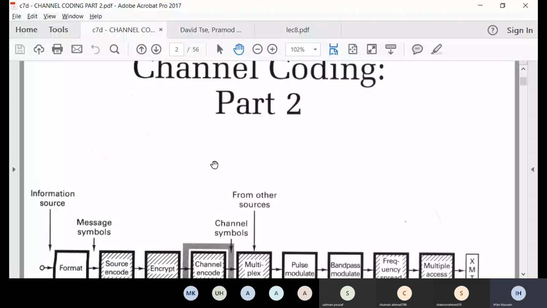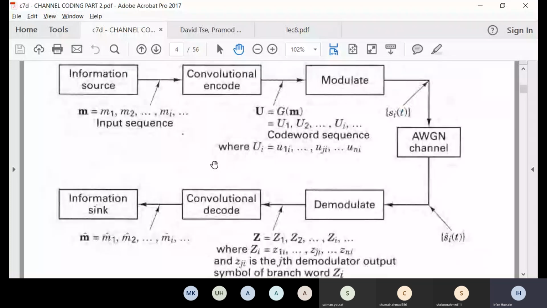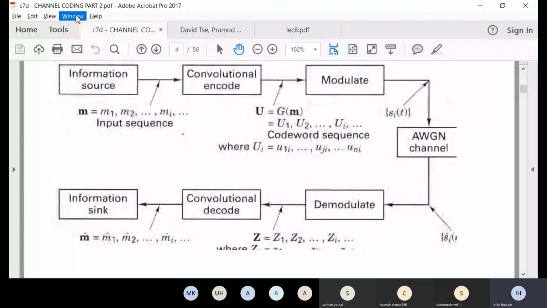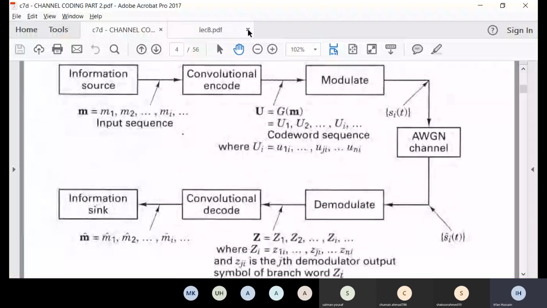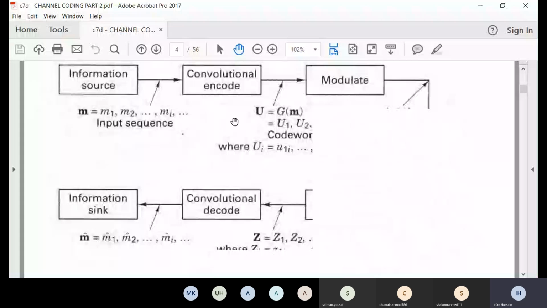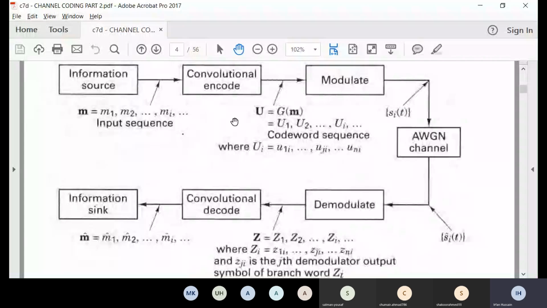So I will also upload this chapter so that you don't find any problems here. So this is a very simple channel. We have a sequence.